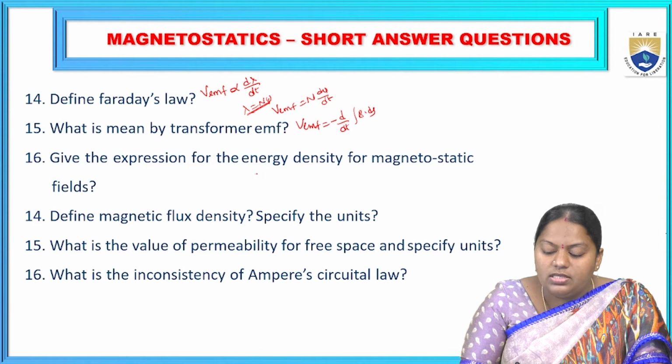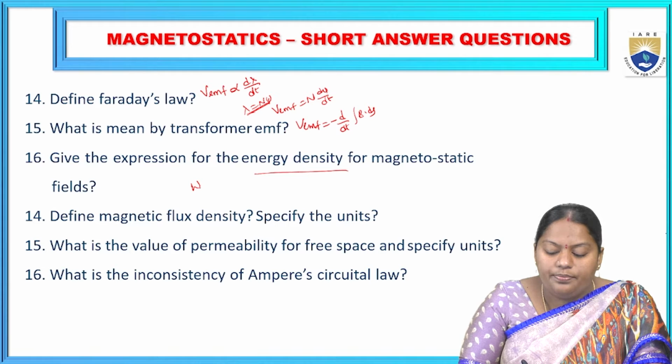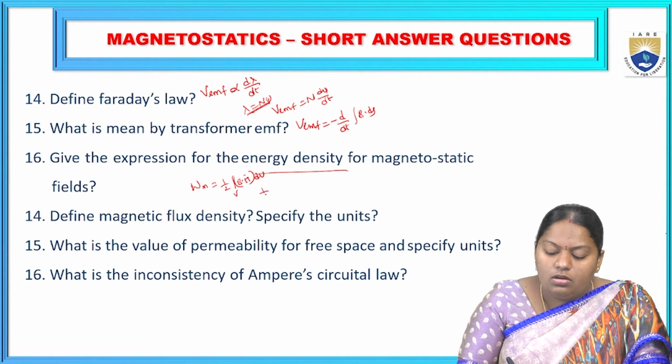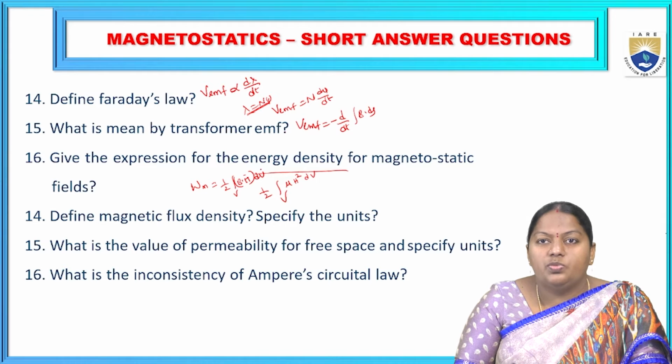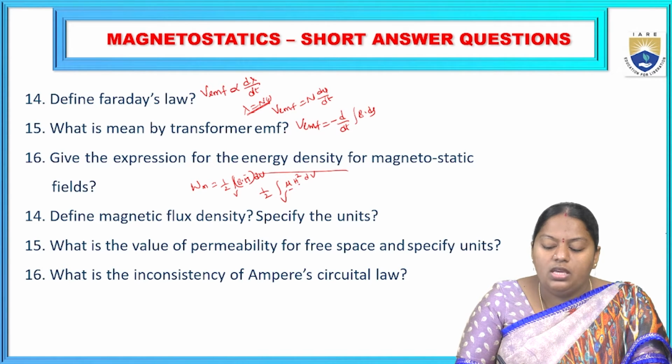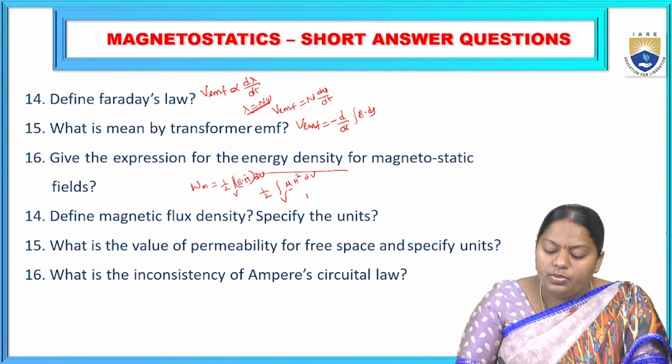Give the expression for energy density for magnetostatic fields. Generally for energy we use the notation W, and M stands for magnetostatic fields, and it is given by half integral over V of B dot H dV or half integral over V of mu H square dV, where B is the magnetic flux density, H is the magnetic field intensity and mu is the permeability of the material.